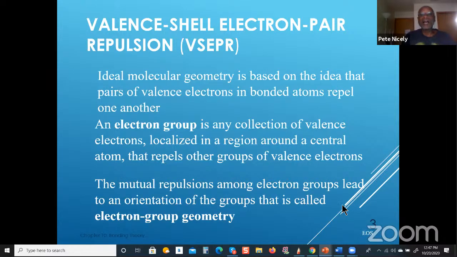Before we get to the other definition, therefore, the shape that is adopted by the molecule is a result of the mutual repulsions that occur between these electron groups, all right? And what you'll find is that the orientation of the electron groups in 3 dimensions, we call this the electron group geometry, all right?